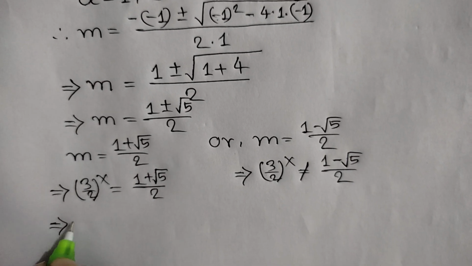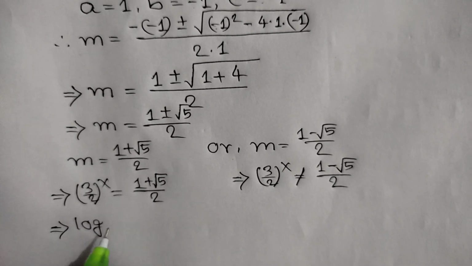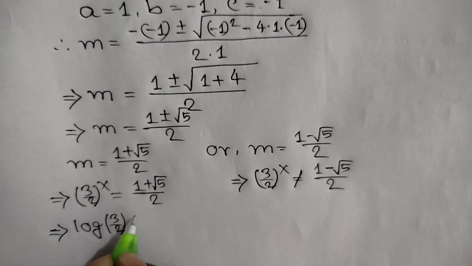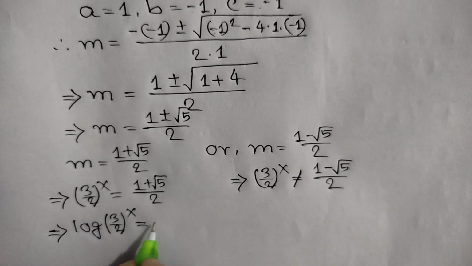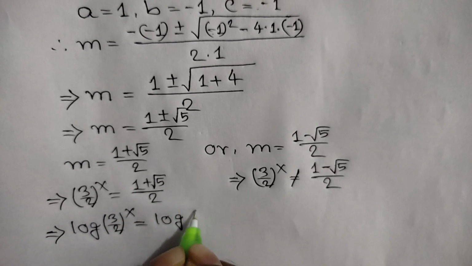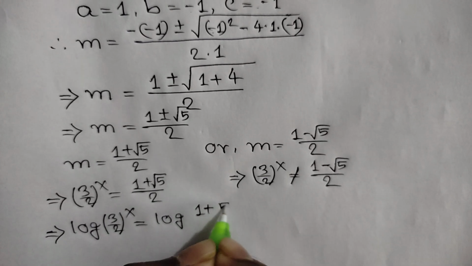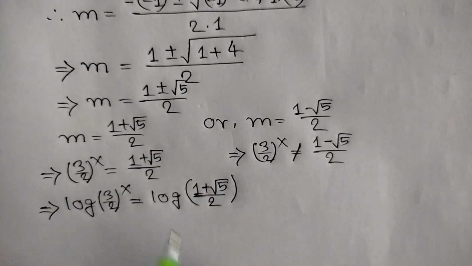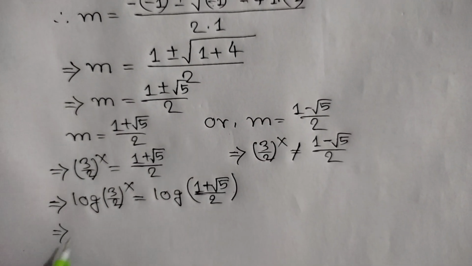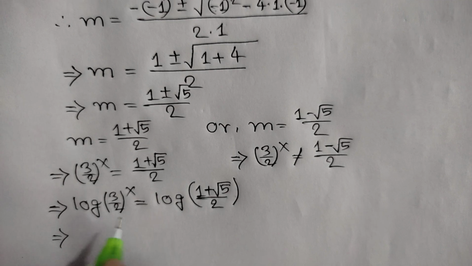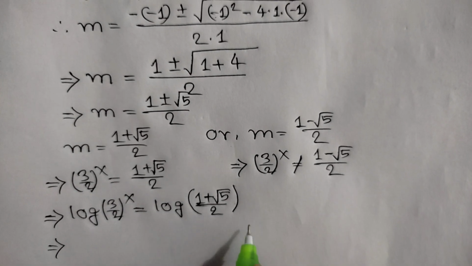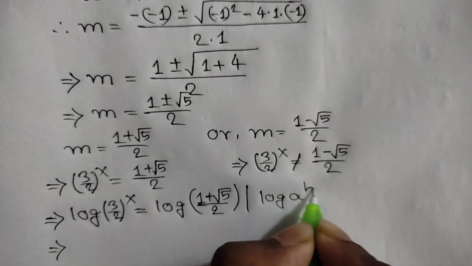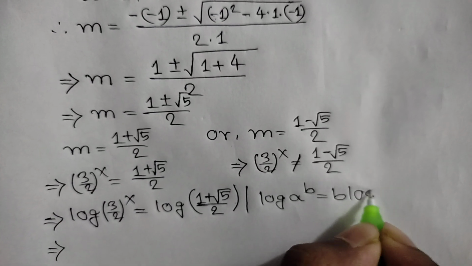Now taking log on both sides, we will get log of 3 over 2 whole power x is equal to log of 1 plus square root of 5 over 2. Now here we can apply this formula, log a to the power b is equal to b log a.